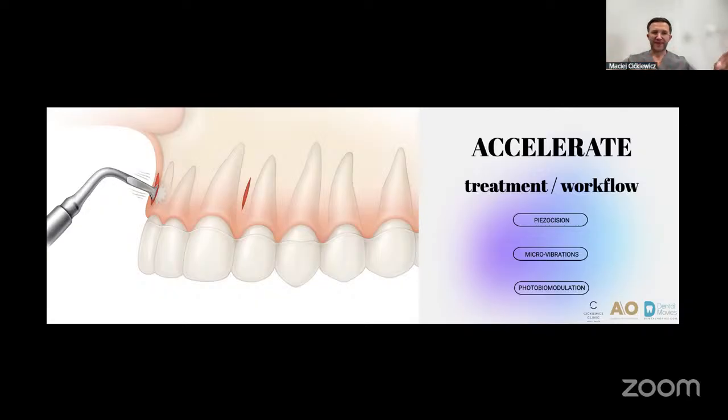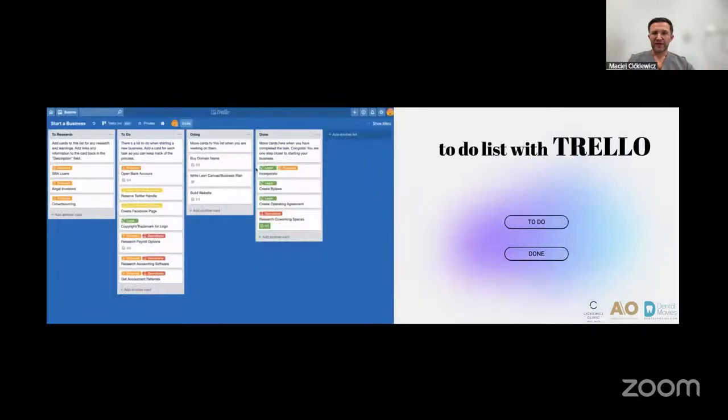You are looking from above the table. So if you have the organization of the clinic or a small office, the problem appears when you have not only one patient but 10 patients, 20 patients, 30 patients, and it's going like a snowball. So you have to have software that brings you automatization, all the options that you can do, something like a to-do list.